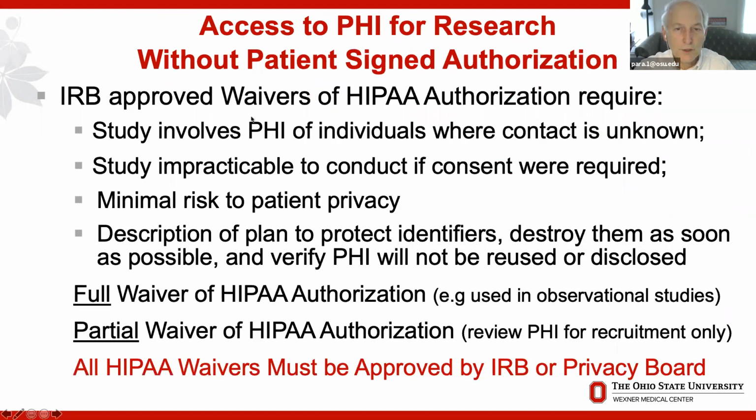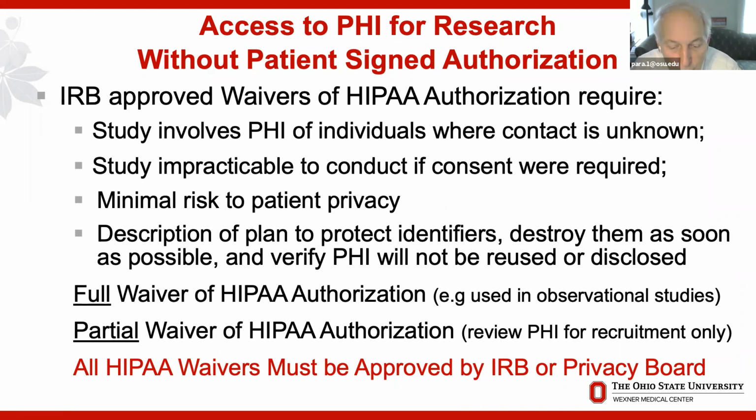So let's talk now about the waivers. The IRB waivers, that partial and full waiver, require that the study involve PHI of individuals where contact is unknown, or you're going to study 1,000 people, you're going to get records from 1,000 people, and it would be impractical to do this if consent were required.